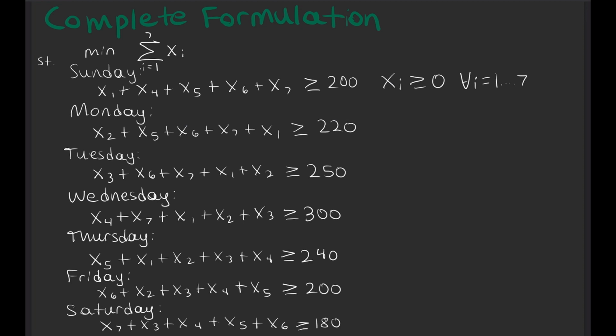And then it'll give you a value for Sunday, Monday, Tuesday, Wednesday, Thursday, Friday, and Saturday, x1 through x7. It'll give you an individual value for all of those, and then you know how many employees you have to hire. Also, never forget your non-negativity constraint for all of your i values.